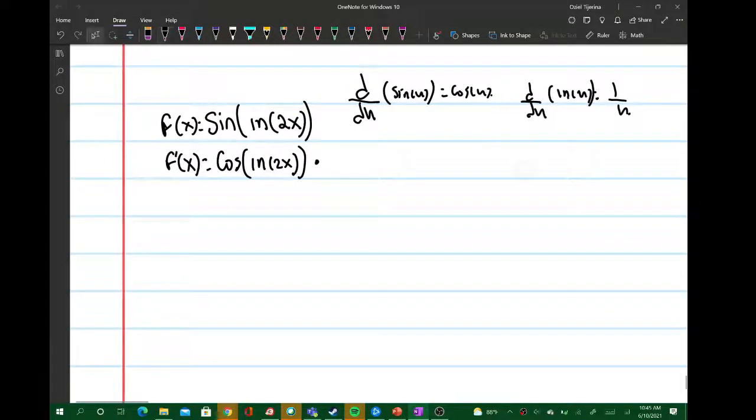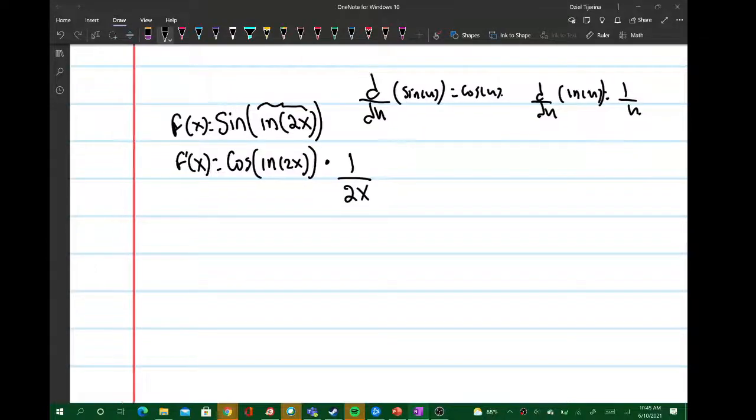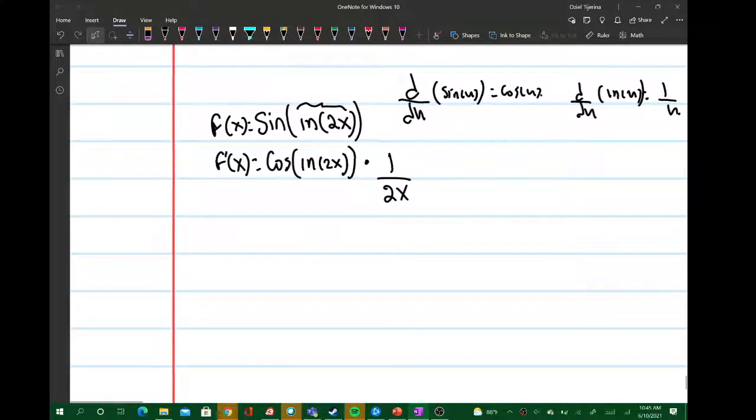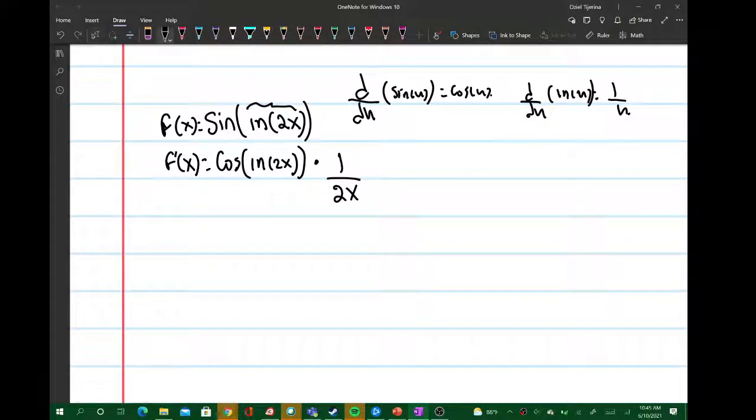So the derivative of ln of 2x is just 1 over 2x times the derivative of this inside part here. What is the derivative of 2x? That's just going to be 2.